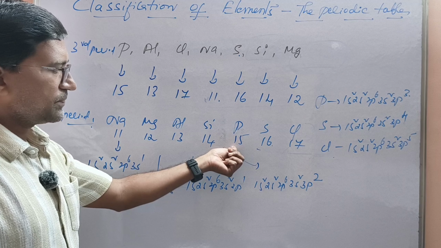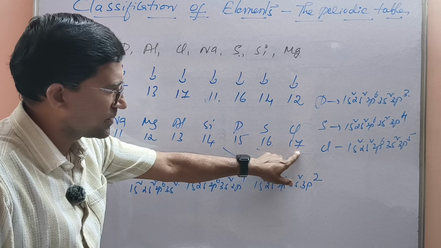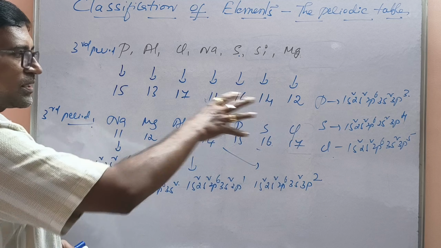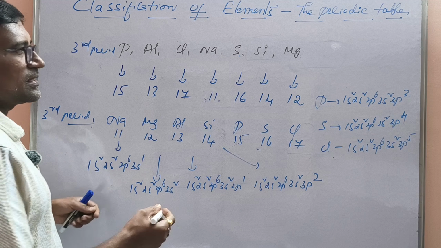Phosphorus becomes stable, so it may show a somewhat increased atomic radius. Sulfur further decreases. Chlorine further decreases. So the least atomic radius element is chlorine.